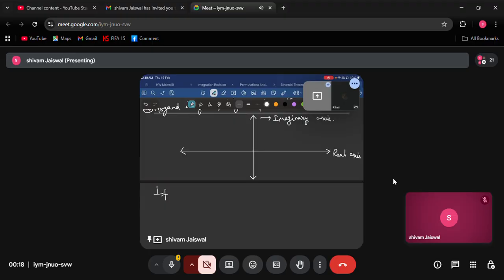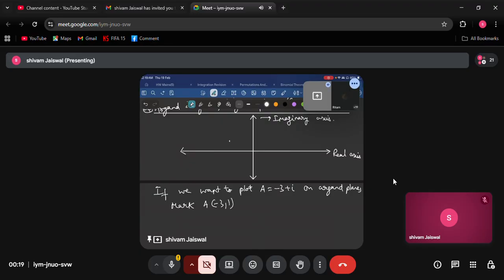If we want to plot a equal to minus 3 plus iota on the Argand plane, just mark the point minus 3 comma 1. So x is equal to minus 3 and y is equal to 1.